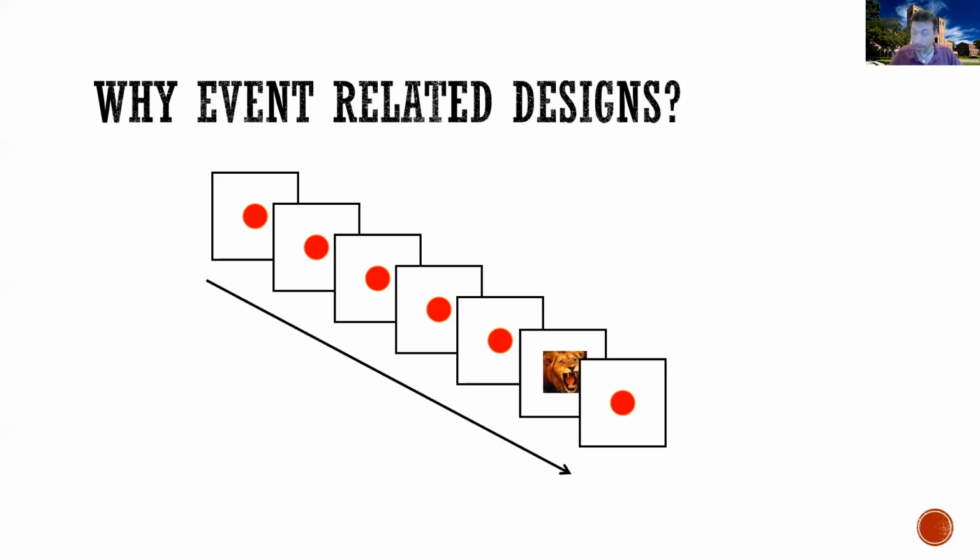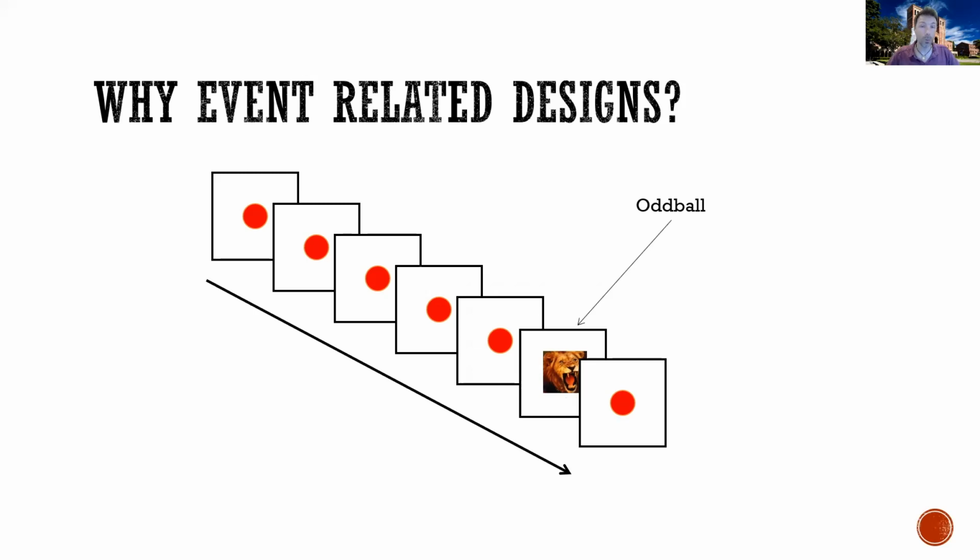Now, if you blinked and missed it, this was the oddball. And see, the oddball is defined as a rare event that violates a standard. The standard, obviously, the expectation, is these red dots. And then suddenly there's another image that violates what you are expecting, that triggers an event which we refer to as an oddball.